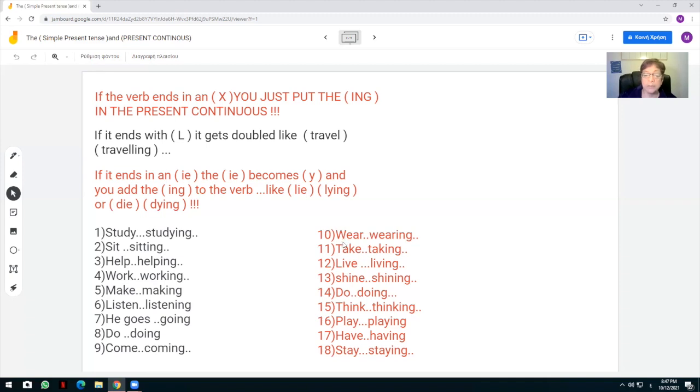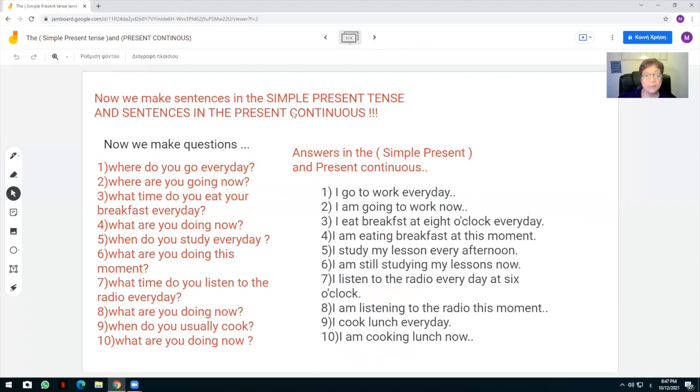Verb to wear, wearing, take, taking, live, living, shine, shining, do, doing, think, thinking, play, playing, have, having, and stay becomes staying. Okay? Let's go to the next.